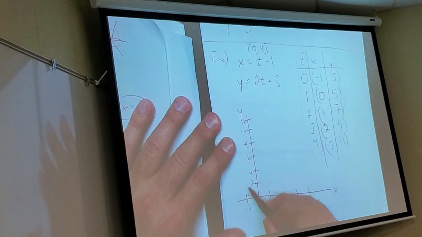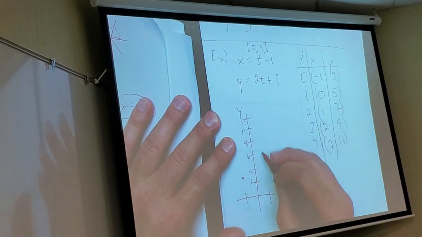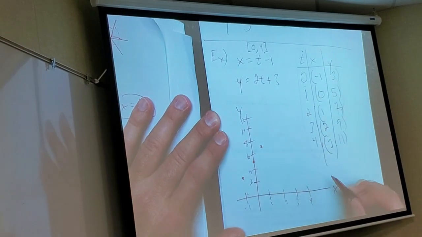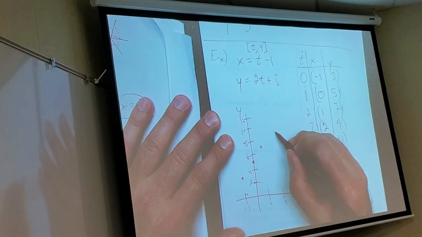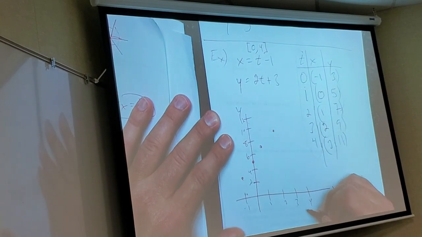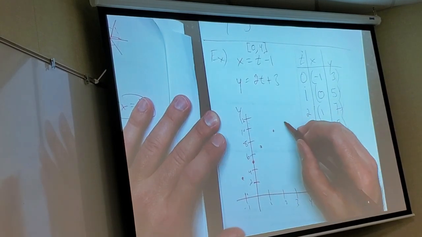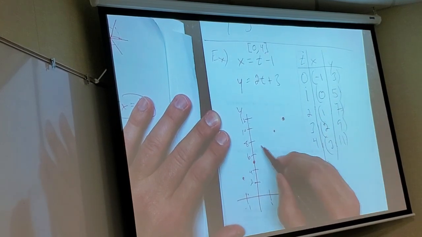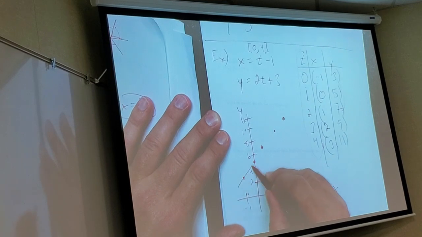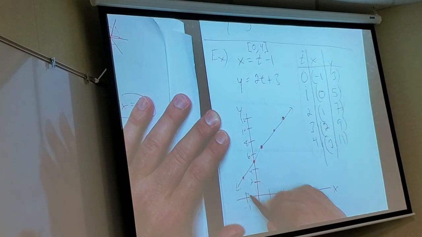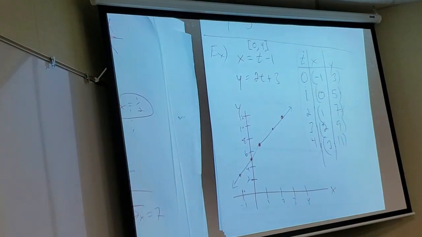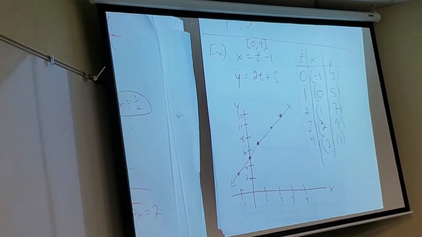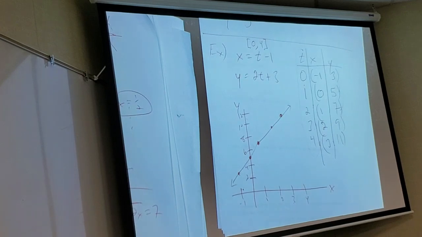So -1, 3; 0, 5; 1, 7; 2, 9; and 3, 11. Now, what do you notice about that? Considering my scale sucks a little bit, aren't these still linear? Okay. Now, this example is very basic and very boring. It's a straight line.